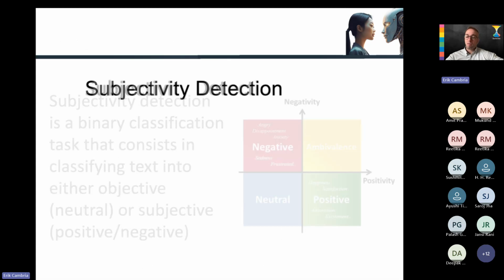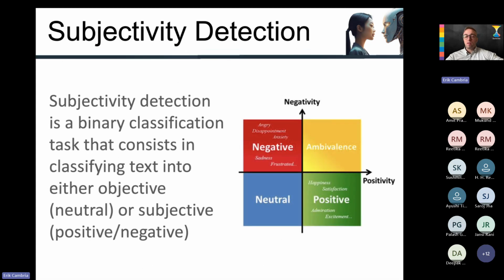Last bit of the semantics layer is subjectivity detection. We already discussed this the other day. Subjectivity can mean different things in different contexts. What I mean here is simply separating the objective text, which means either neutral or ambivalent, from the subjective one. So basically, subjective simply means either positive or negative.